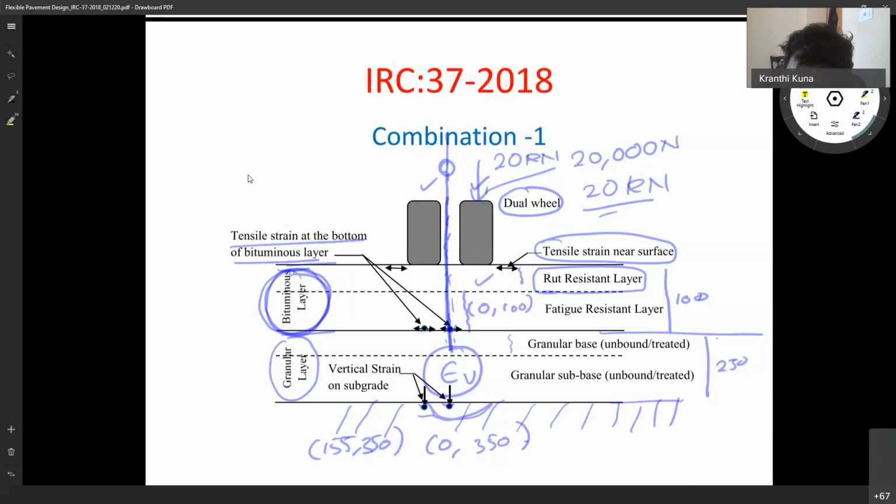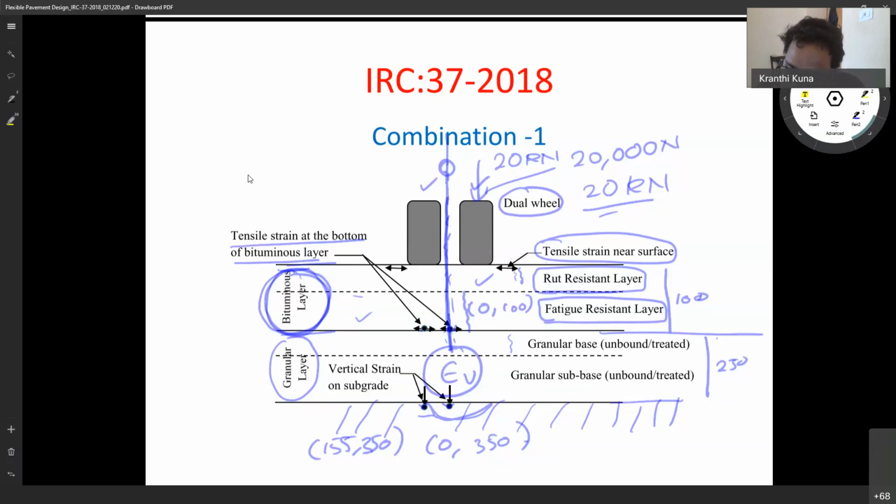It also advises a fatigue resistant layer as the bottom layer of the base layer. If you have two layers, the binder course should be the fatigue resistant layer. So although not as a part of structural design, IRC 37 still considers top down cracking, rutting within the asphalt layer and rutting within the granular layer.